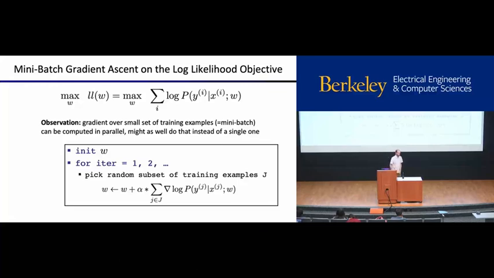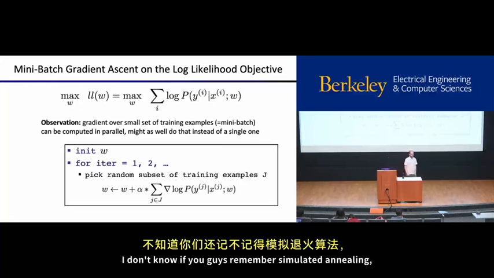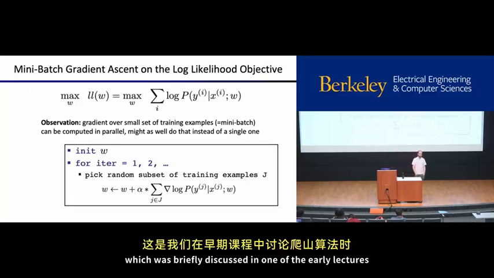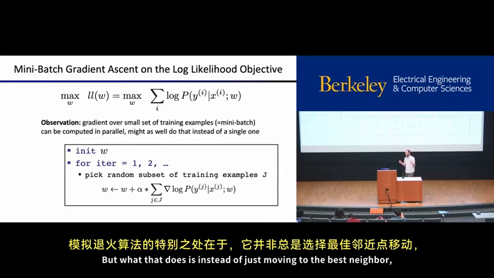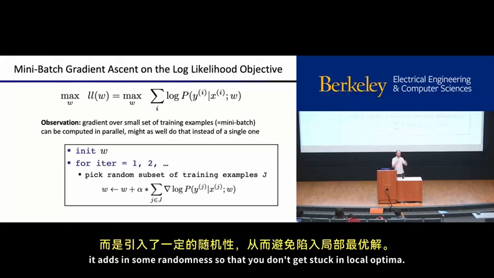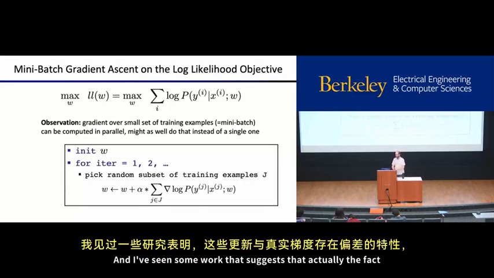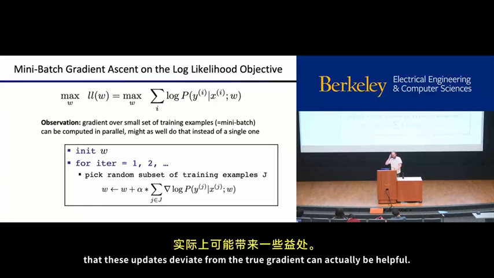I don't know if you guys remember simulated annealing, which was briefly discussed in one of the early lectures, when we were talking about hill climbing. What that does is instead of just moving to the best neighbor, it adds in some randomness so that you don't get stuck in local optima. And I've seen some work that suggests that the fact that these updates deviate from the true gradient can actually be helpful.